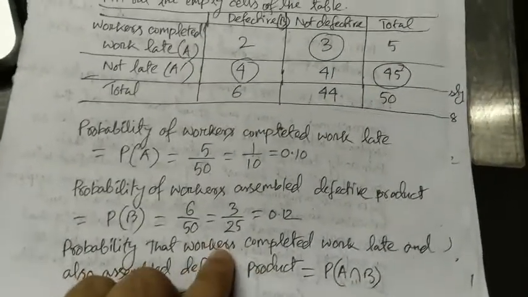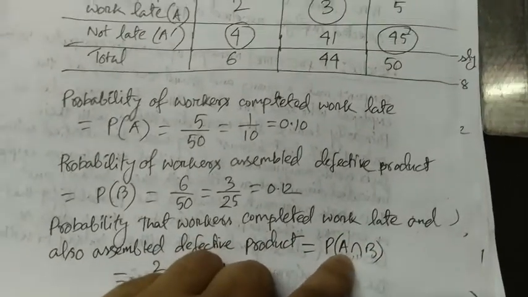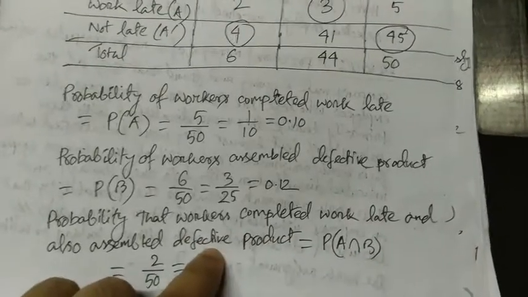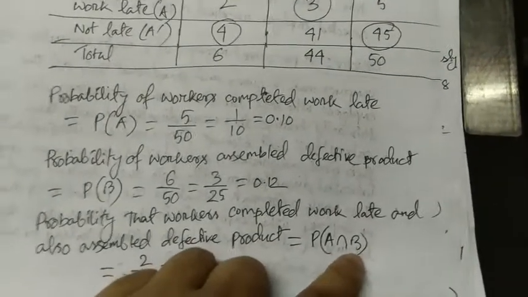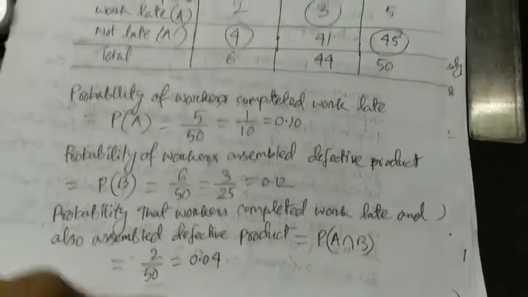Completing work late is event A, and assembling defective product is event B. So you need to find the probability of A intersection B.